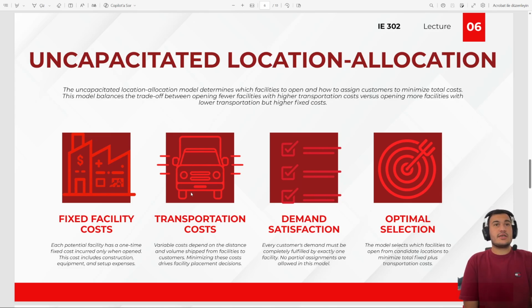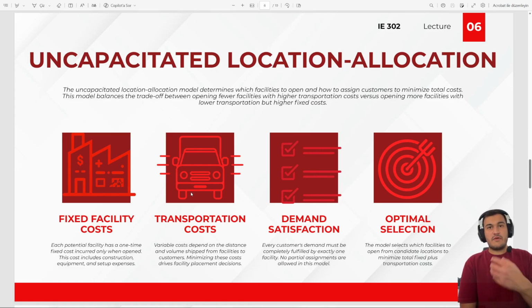First, we need to check the uncapacitated location allocation model. This model means the facilities have no capacity limits. They can serve as many customers as needed. This model balances a classical trade-off.